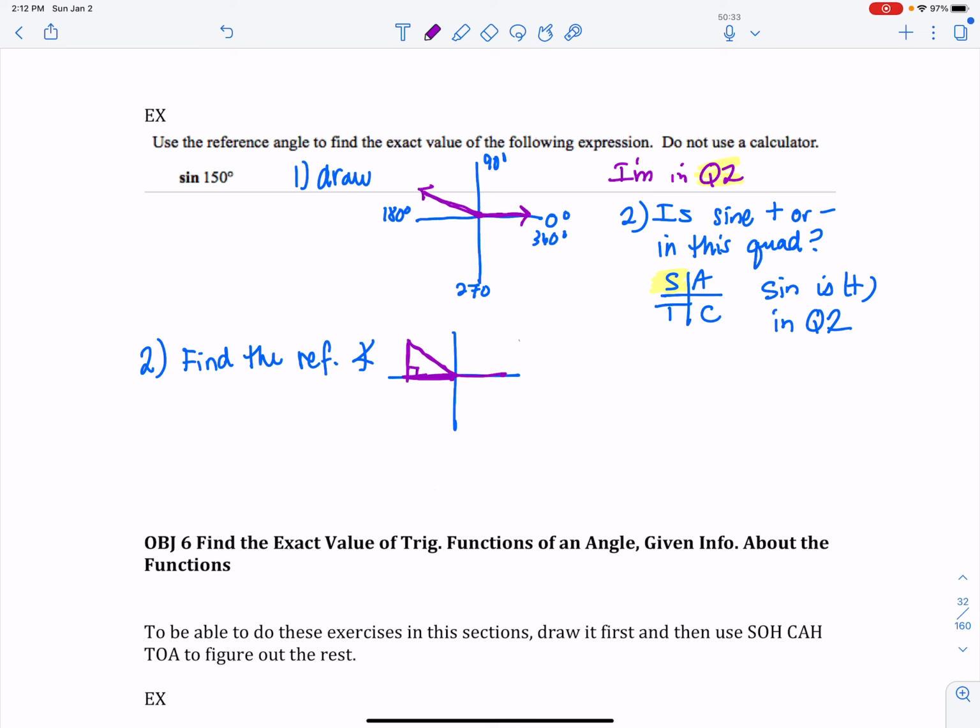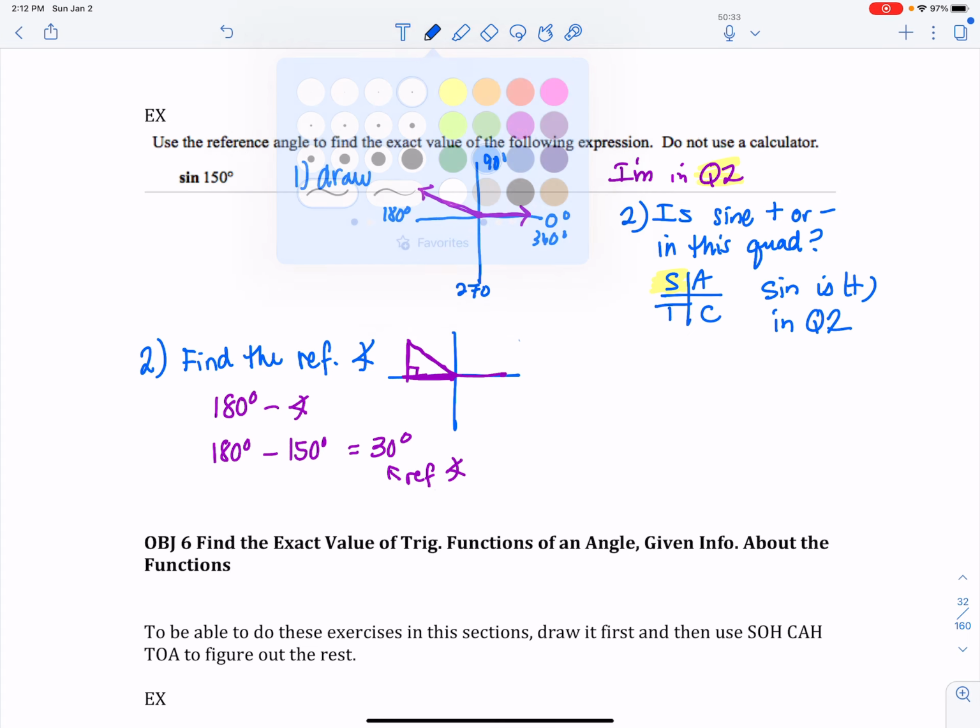So what I need to do with that is I need to take 180 minus my angle. So I'm going to take 180 minus my angle, which is 150, to get 30 degrees. This is my reference angle. Okay? So now I have one last step to do. We've got to evaluate it.